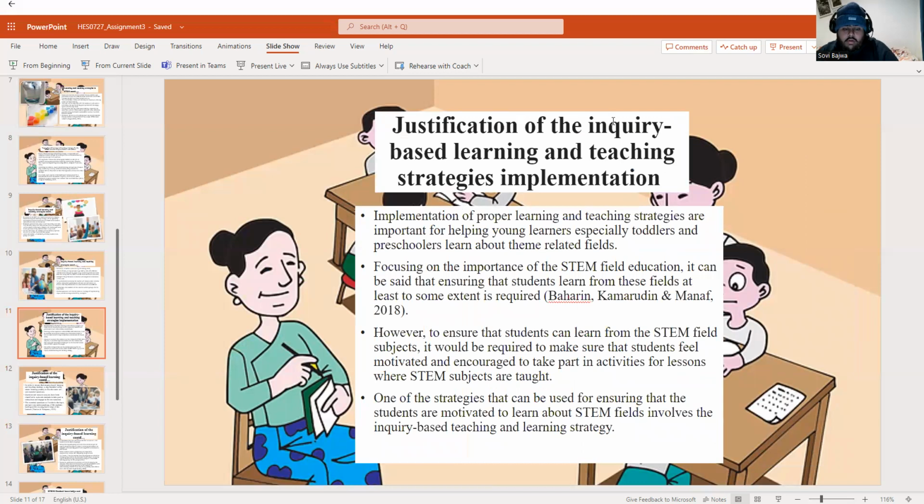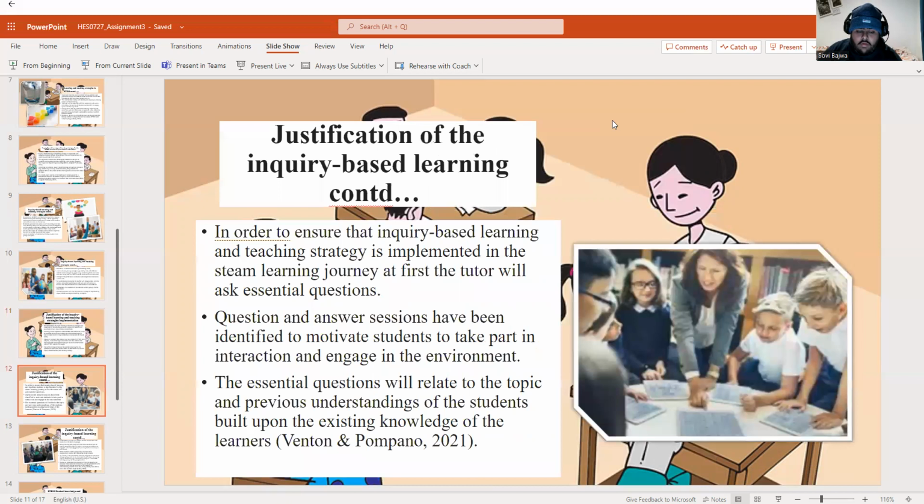In this slide we're going to talk about the justification of inquiry-based learning and teaching strategies. Implementation of proper teaching and learning strategies is important for helping young learners, especially toddlers and preschoolers, learn about theme-related fields.